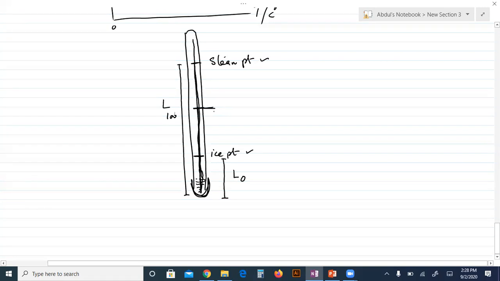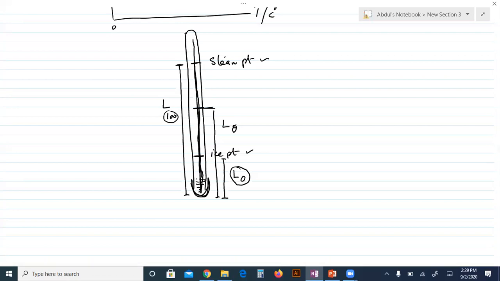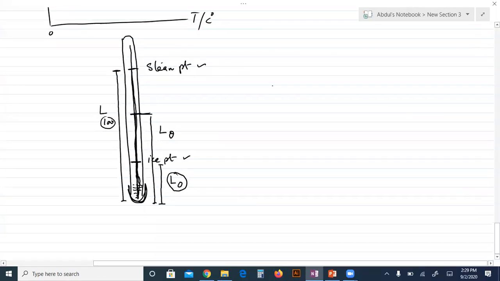This temperature is required, and suppose its length is L theta, the unknown temperature. Why is this L0? Because this is the height at 0 degrees Celsius. Why is this L100? Because this is the height for 100. Why is this L theta? Because it is the unknown temperature.